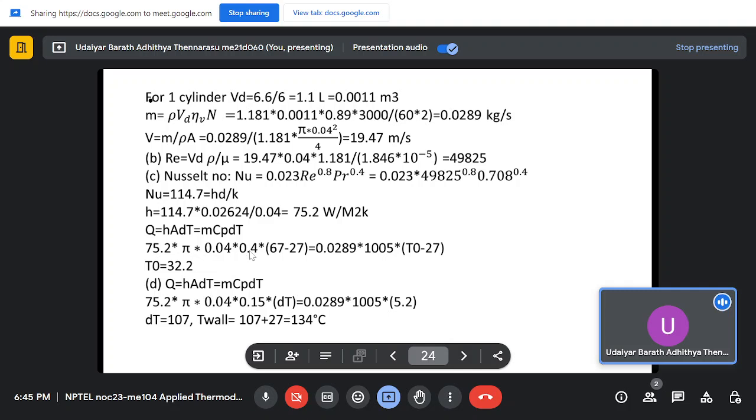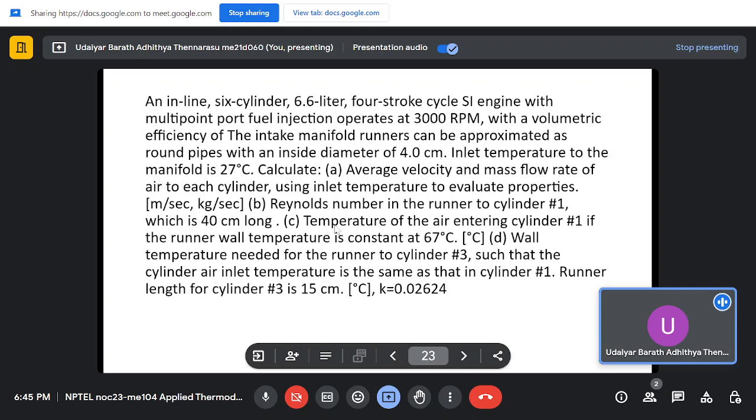So 40 centimeter, so 0.4, and we are finding the temperature of the air entering cylinder 1 if the runner wall temperature is constant at 67 degrees Celsius. So the runner wall temperature is 67 degrees Celsius, and we know the inlet temperature of the manifold is 27.